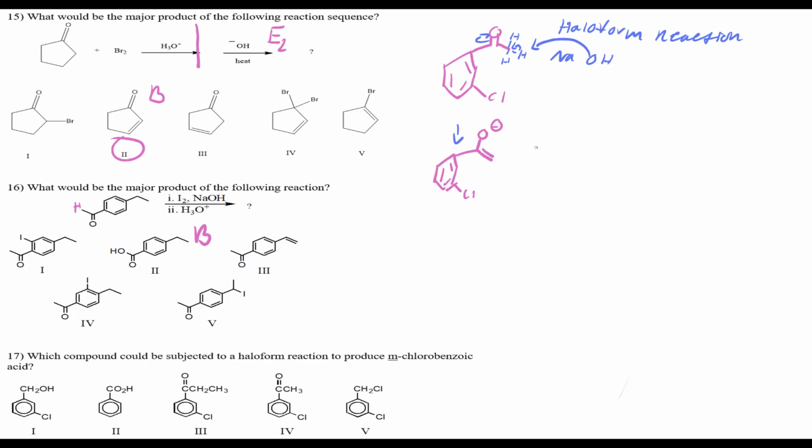Okay, and we also have H2O. Now my halogens, let's say bromine in this case, can come in. Actually, let's use chlorine in this case. So chlorine can come in, and this breaks out.